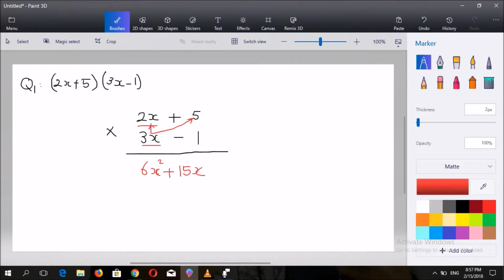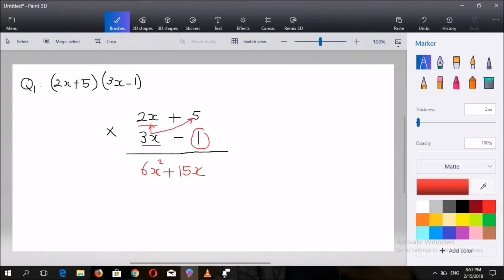So you need to multiply 3x by 2x, which will give you 6x squared. And then you need to multiply 3x by the second one.